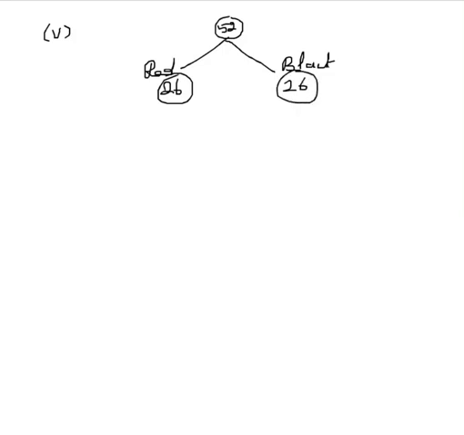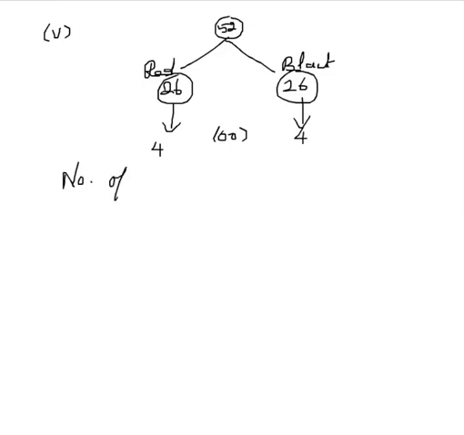Fifth subdivision. Cards are of the same color. We have 26 red cards and 26 black cards. They should be of the same color. So either you select all 4 red cards or all 4 black cards.